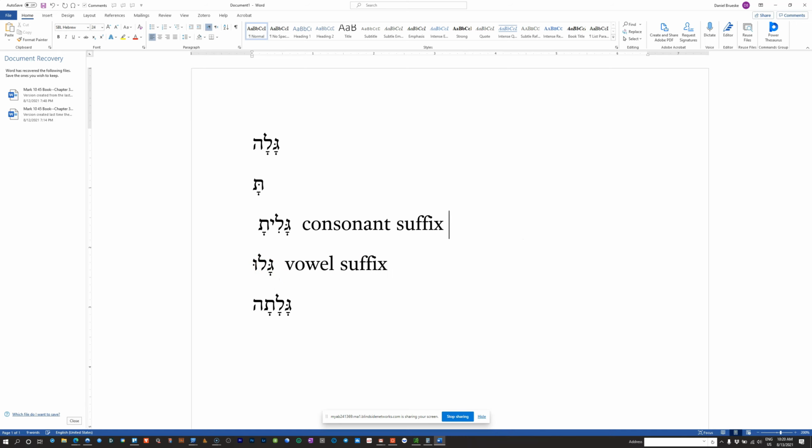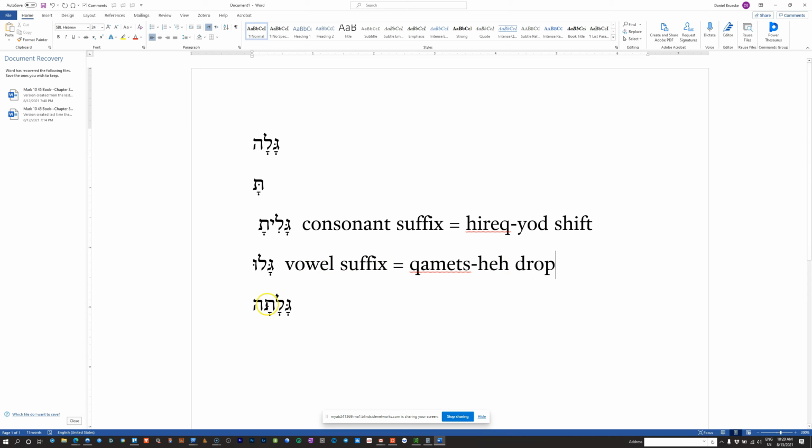So consonantal suffix equals, let's just say, hirik yod shift. Vocalic suffix equals comet's hey drop. All right, those are the two things that can happen.